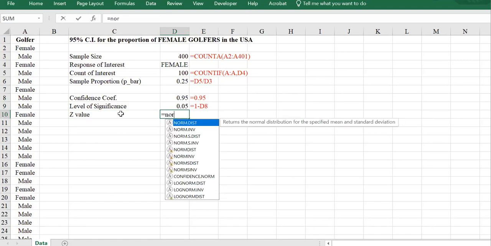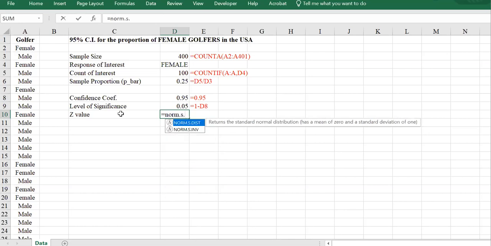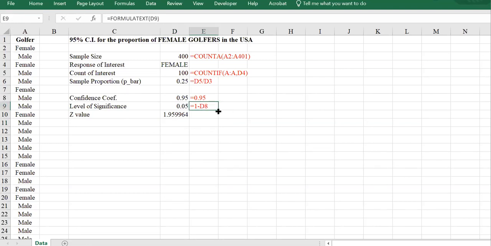For this, we're going to use this function, normal, standard, inverse. And then the probability is going to be 1 minus half of alpha. This is what we are trying to get. So we're giving the area below the curve to the left side, and that would be 1 minus half of alpha. When we do that, that would give us basically the z value.